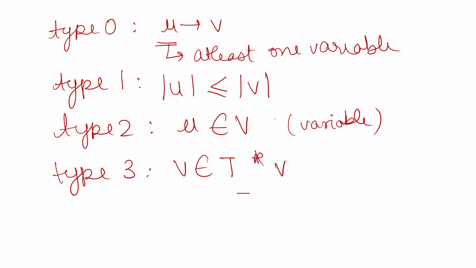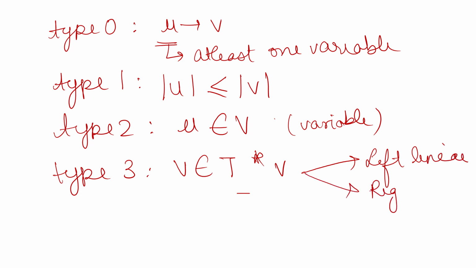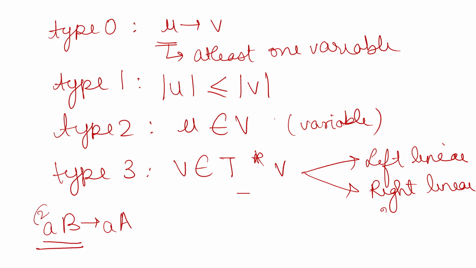In type 3, we have what is known as left linear grammar and right linear grammar. Now we'll see some examples. Suppose we have AB going to A. We have at least one variable on the left-hand side, and here we have two, so this is your type 0.